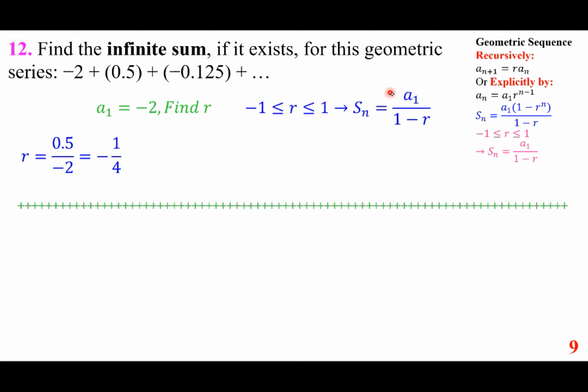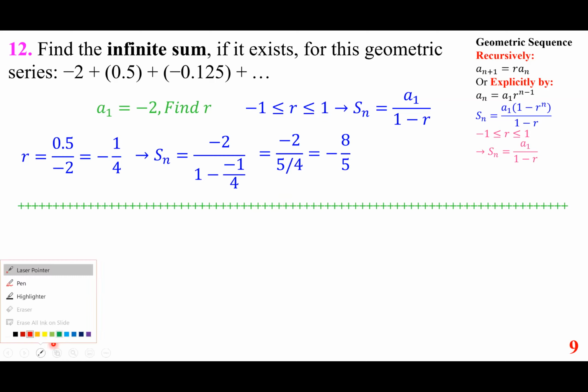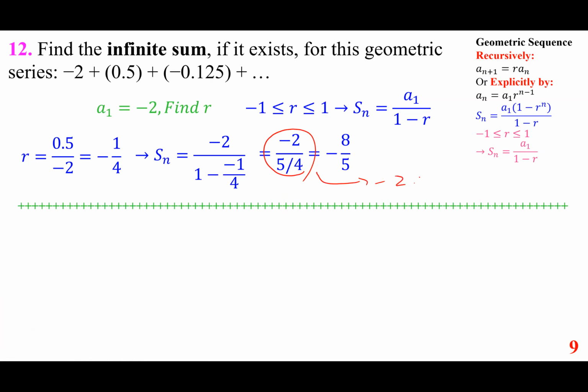The first term is negative 2 over 1 minus negative 1/4. Of course, minus and minus makes it plus 1/4. The denominator is 5/4. And negative 2 over 5/4 is negative 8/5. I hope you see how that works. This is the same as negative 2 times 4/5.